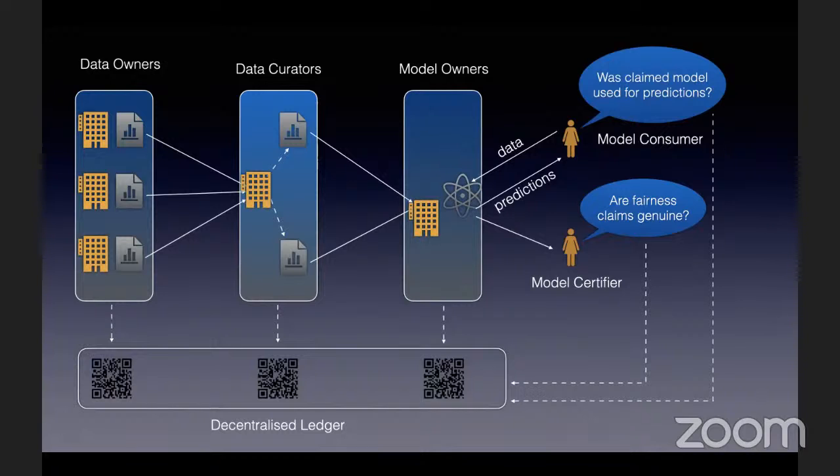Now, does that solve the problem? By itself, it doesn't, because using these hashes, we cannot verify anything. Like, we don't know whether this prediction came from this data just based on the hash of the model. We need the actual model. But thanks to zero knowledge proofs, now we can actually make this claim only using the hash of the model.